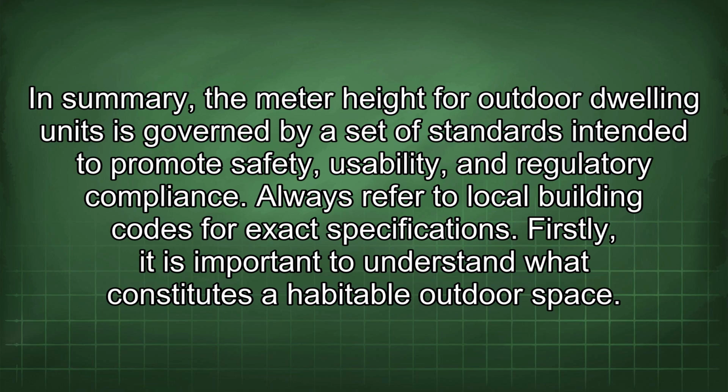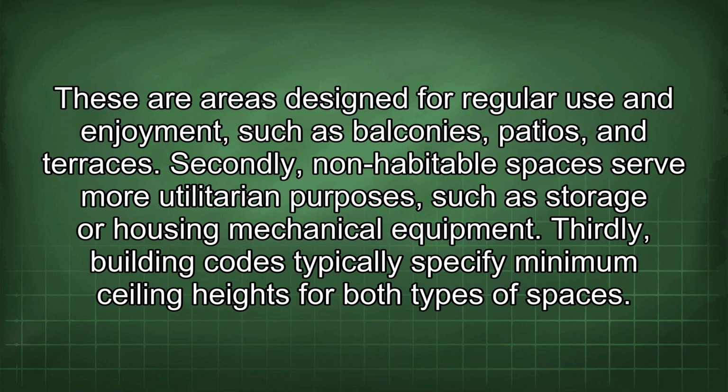Firstly, it is important to understand what constitutes a habitable outdoor space. These are areas designed for regular use and enjoyment, such as balconies, patios, and terraces. Secondly, non-habitable spaces serve more utilitarian purposes, such as storage or housing mechanical equipment. Thirdly, building codes typically specify minimum ceiling heights for both types of spaces.